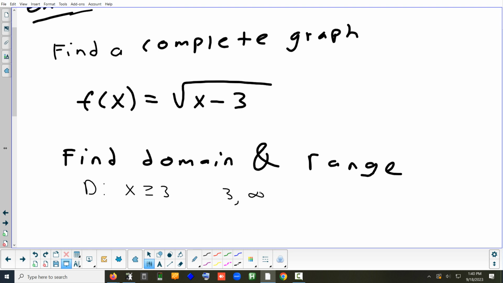If you can't reach something, do you remember the symbol that we used? We had brackets and we had parentheses. There's a certain symbol we use when we can't reach something. It's either a bracket or a parenthesis. I think we talked about it.